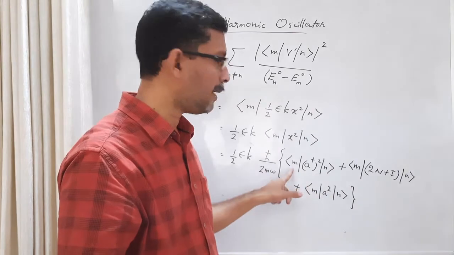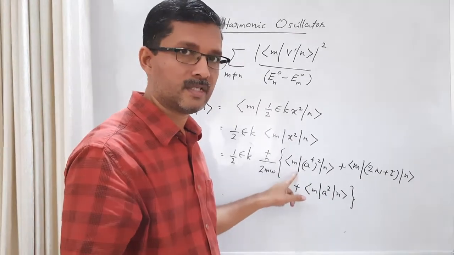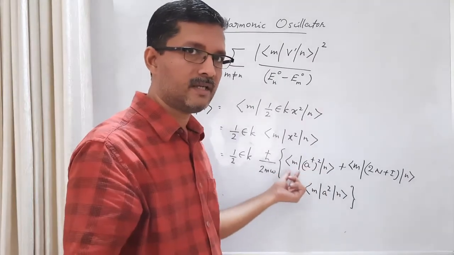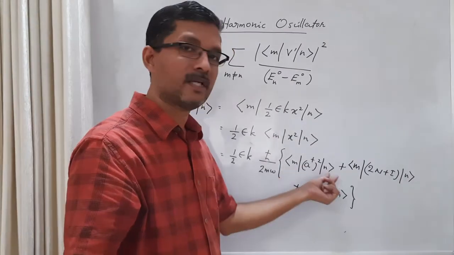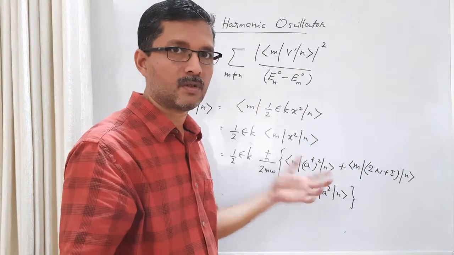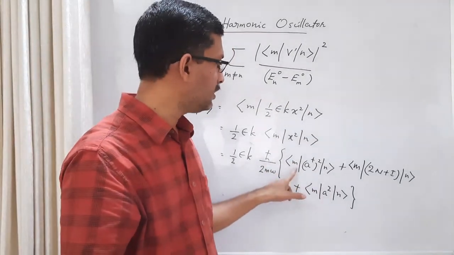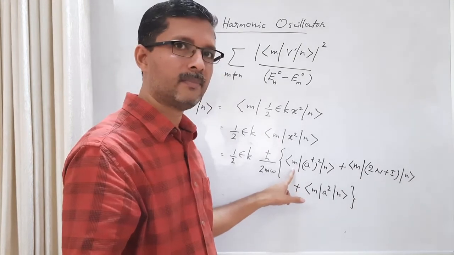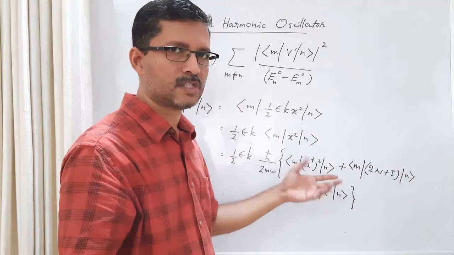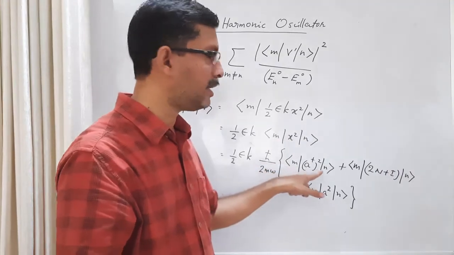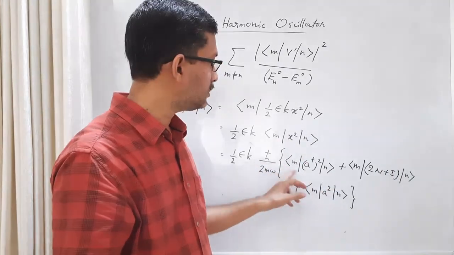This is m, but this is a different state. In the previous calculation, here also we had n, that's why we said that you get the inner product of n with n plus 2 and this term will be 0. That was done in the previous calculation. But here, m and n are different. So you have an inner product between m and n plus 2, which can be non-zero because m is different from n. It is possible that m and n plus 2 can be the same. So this can be non-zero.